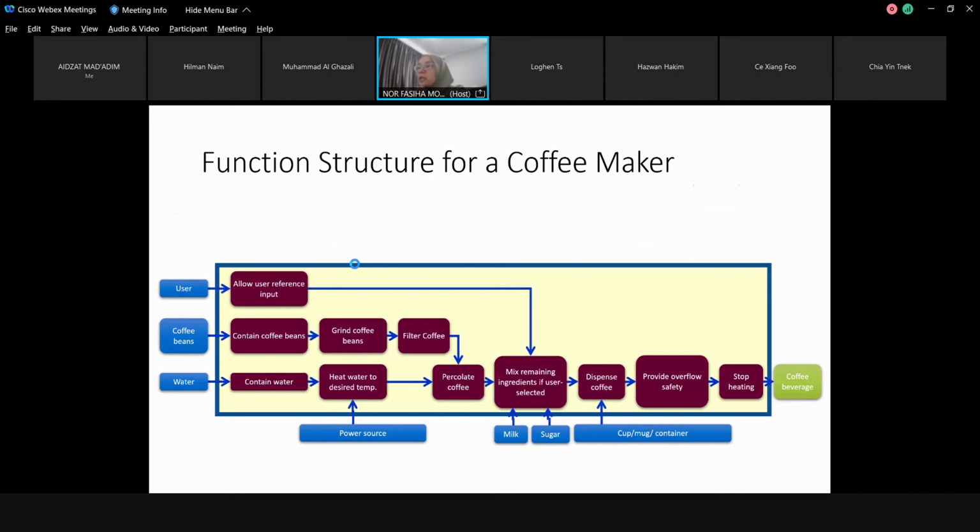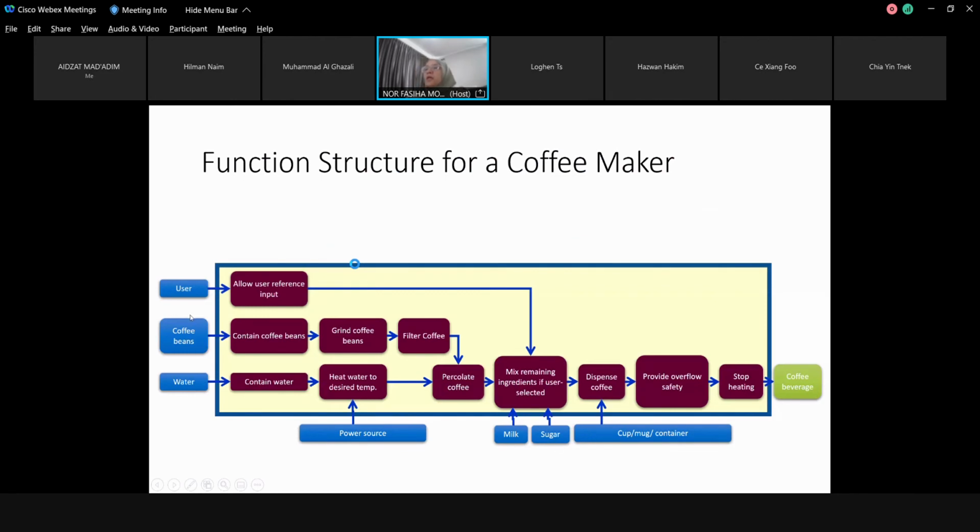The function structure of a coffee maker. The biggest box is the coffee maker, and the blue ones are the inputs.